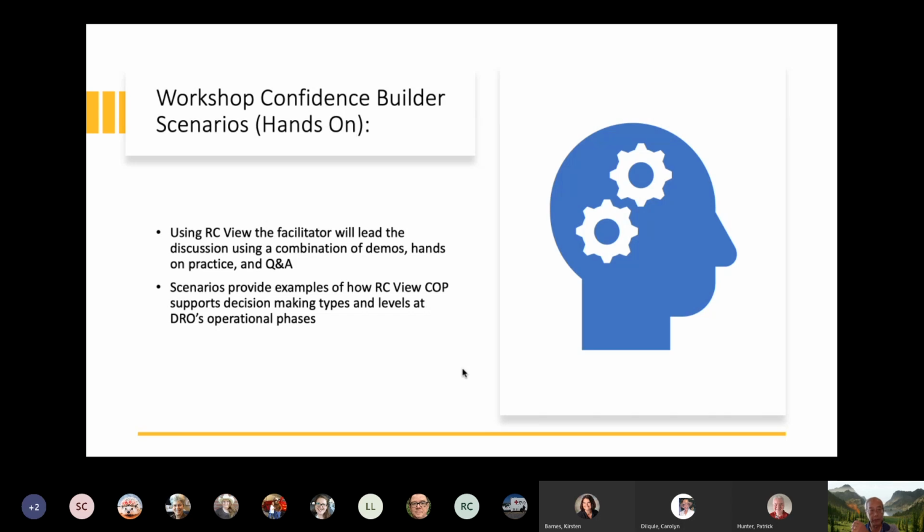So the way this confidence builder is going to work, the scenarios, is that I know you're going to be watching this, but at the same time, maybe in another window, try to log into RCView. But like I said, that's not the most important thing for you. The important thing is to get comfortable with it, and after we're done, to try it yourself.